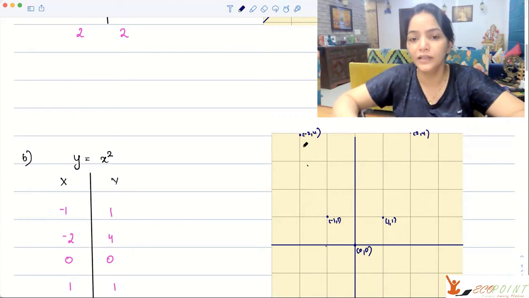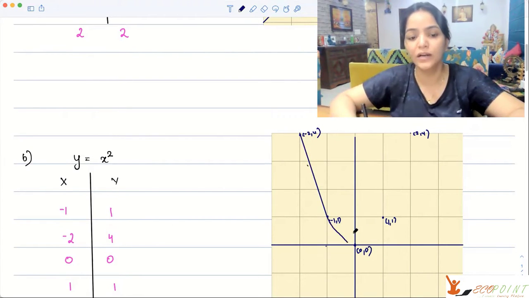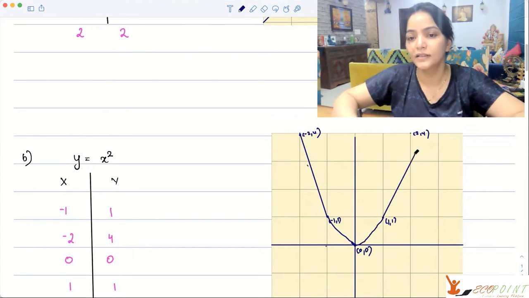So clearly, if you join, it will not be a straight line. It will be a curve here. So it will curve down like this, and then it will go up again like this.